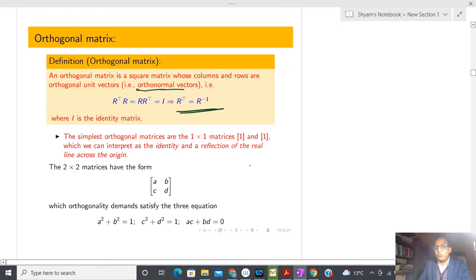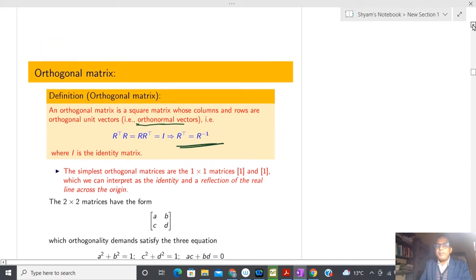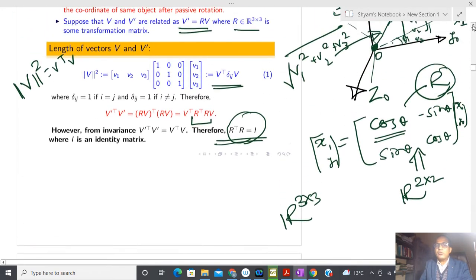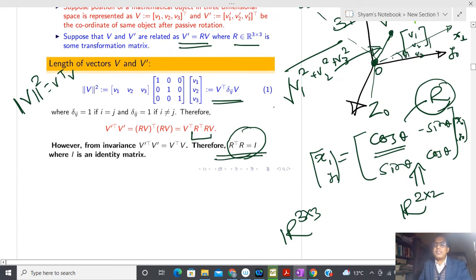What does it mean? If you take the transpose of that matrix, it is exactly equal to the inverse of that matrix. A similar kind of matrix appears whenever I have done a passive rotation. At that time this matrix is involved.